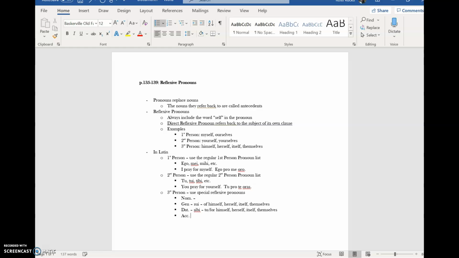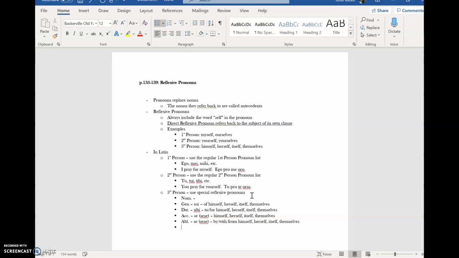We've also got the accusative, which is se, or it can also be sese, and that is just himself, herself, itself, themselves. And then we've got the ablative, which is the same as the accusative. It's se and also sese, and that's by, with, from himself, herself, itself, themselves. So you can see that simple list of sui, sibi, se, and then the sese additions, that covers all three genders, and it's both singular and plural.